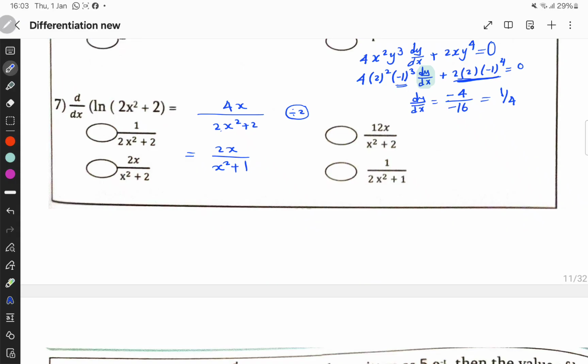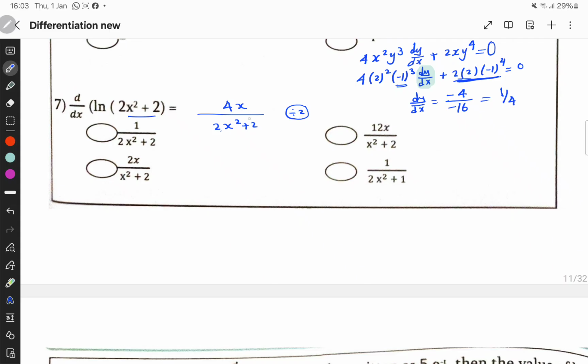I think now I have the answer: 2x over x squared plus 1. I think we have a mistake here. 2x squared plus 2 down, the derivative of that will be 4x.